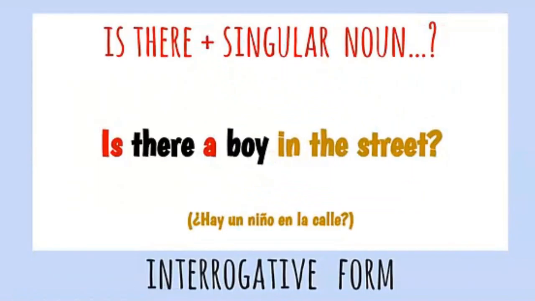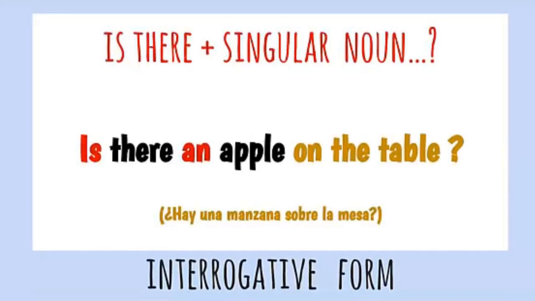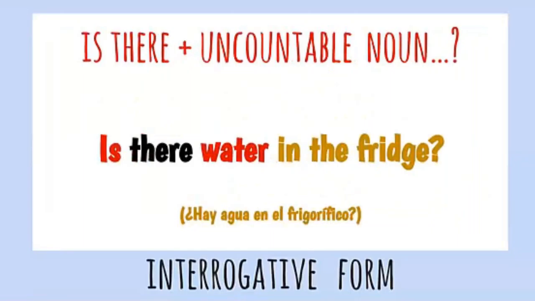Is there a boy in the street? Is there an apple on the table? And with an uncountable noun, is there water in the fridge?